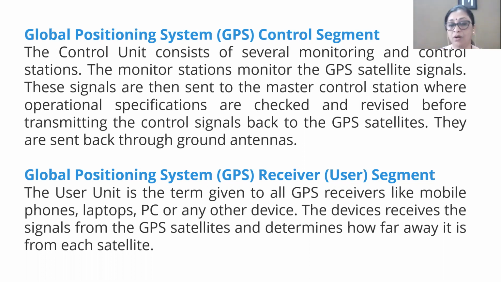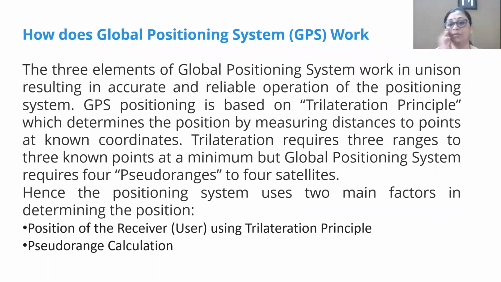So how can location be found, or how does the GPS system work? Obviously, all the three elements of the GPS system work in synchronization, and this results in accurate and reliable output of the position or location of the receiver.